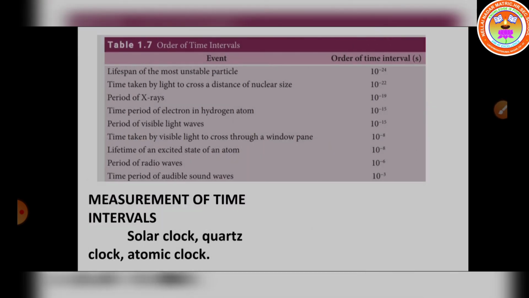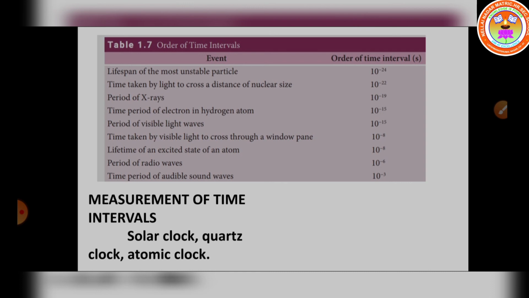So now let us move on to measurement of time intervals. A clock is used to measure the time interval. Everybody knows this one, isn't it? An atomic standard of time is based on the periodic vibration produced in a cesium atom. That is what we have discussed in the definition of 1 second.